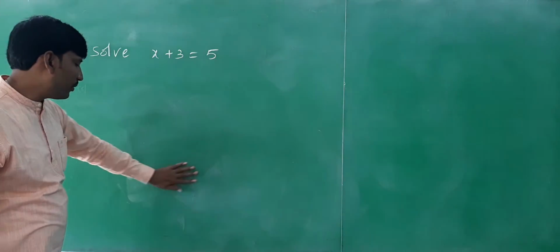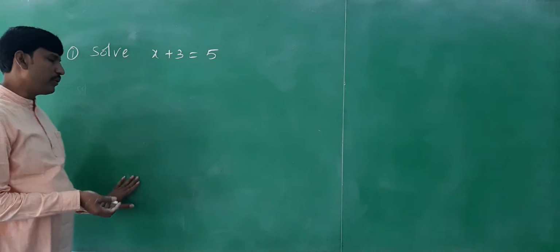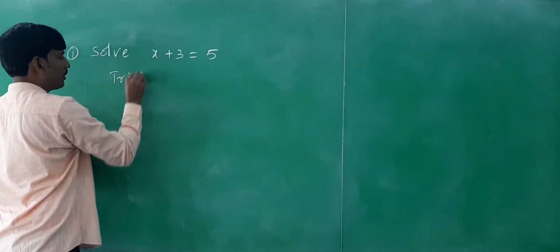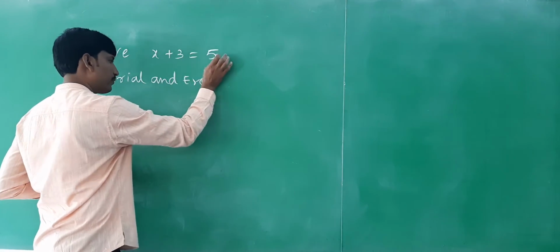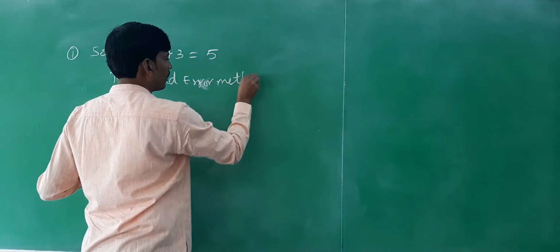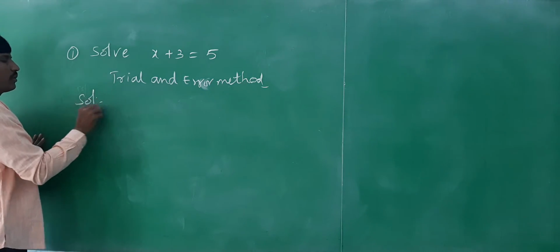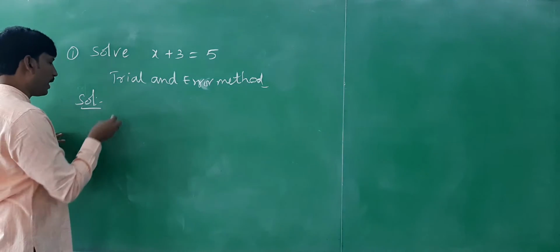For which value of the variable x will this equation be satisfied? Further, we are going to use a simple method, that is the trial and error method. Here we need to substitute x equal to 1, 2, 3, 4, 5, 6, like that.